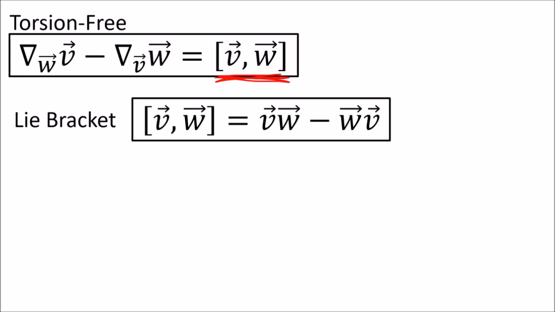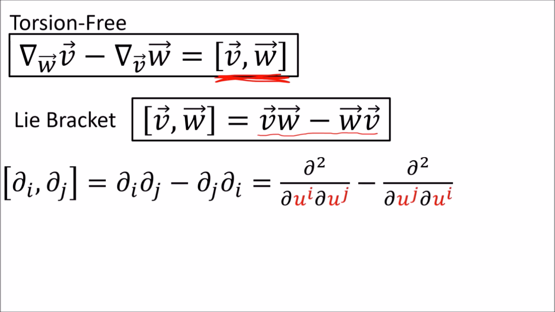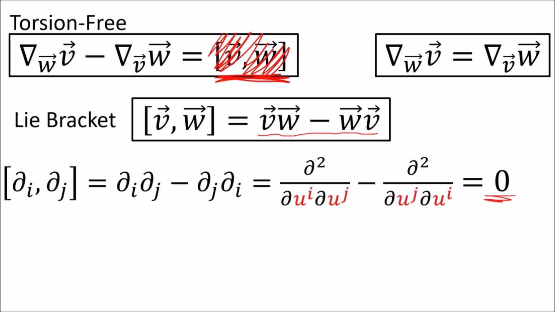And the Lie bracket basically just tests for the difference between the vectors when we apply them in opposite orders. Now in our case where the vectors are partial derivative operators, since partial differentiation works the same in both directions, the result of the Lie bracket ends up being 0 anyway. So with a 0 Lie bracket, we can use this simplified version of the torsion-free property. There are more advanced situations where the Lie bracket is non-zero, but I'm not going to cover those in this video.